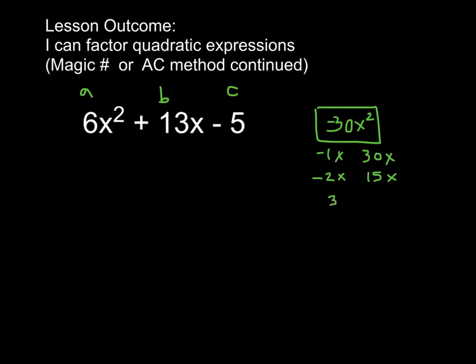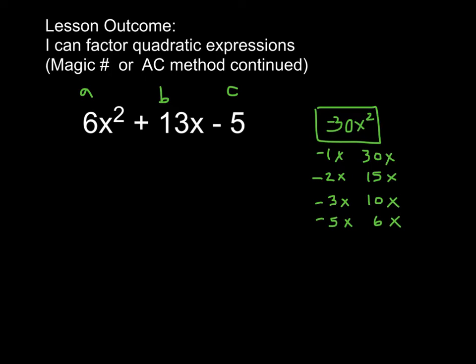We know 3 times 10 is 30. Put one negative and the x's. It's not divisible by 4. It is, however, divisible by 5. And it's 5 times 6, and make one of them negative. Here are the 4 options. Which of these adds up to 13?